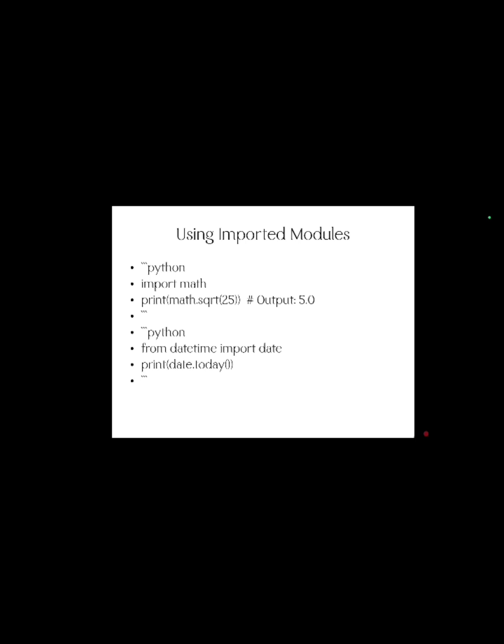Now disadvantages. First one is performance. File handling operations can be slower compared to other programming languages, especially when dealing with large files or performing complex operations. Then error handling.